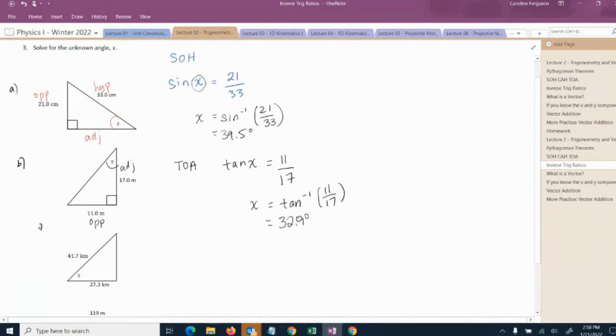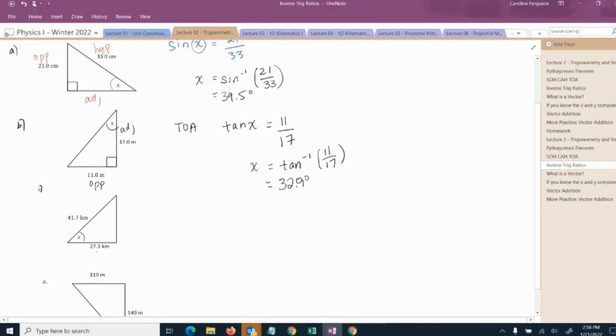Good. Awesome. Okay, so I'm going to do C. So with C, we know the adjacent side and we know the hypotenuse. So what are we using here? SOHCAHTOA. Which one? Adjacent, hypotenuse. Yeah, good. So CAH. So we have cos of the angle, which is x, is equal to the adjacent side, which is 27.3, over the hypotenuse, which is 41.7.